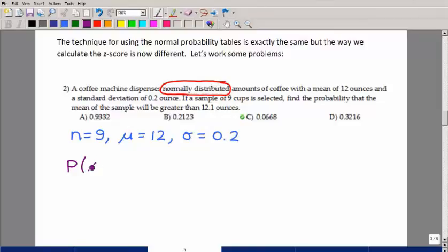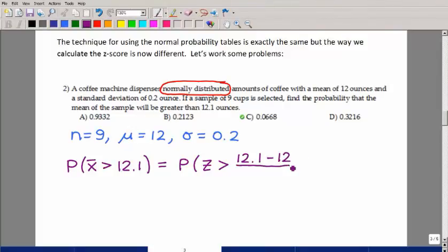Probability, well, first I'll put x bar greater than 12.1 ounces. Now we have to convert that to z using our new conversion for standard deviation. So z is greater than 12.1 minus the mean of x bar, which is the same as mu, 12, divided by the standard deviation of x bar, which is the standard deviation of the population divided by the square root of n.